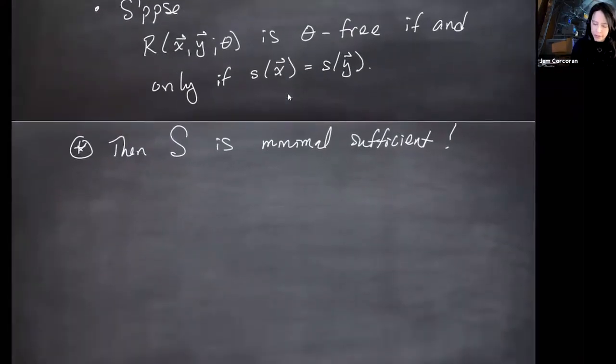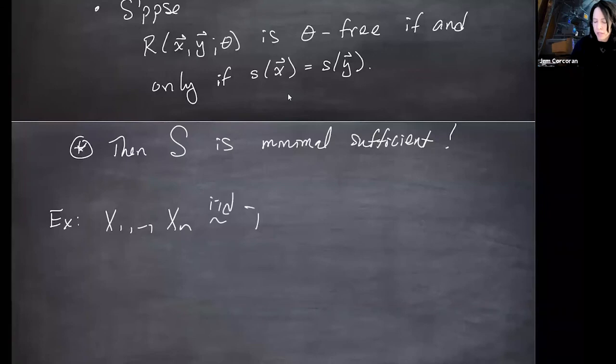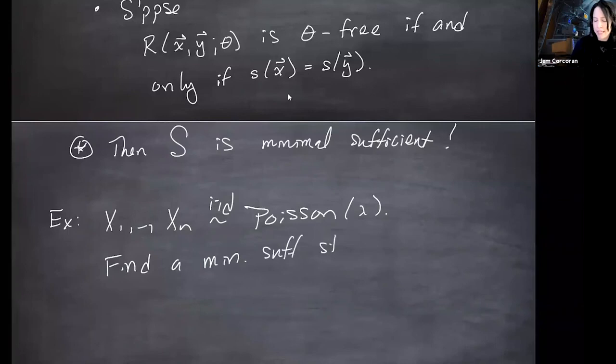So as an example, suppose I have x1 through xn IID Poisson with parameter lambda, and I want to find a minimal sufficient statistic for this model.